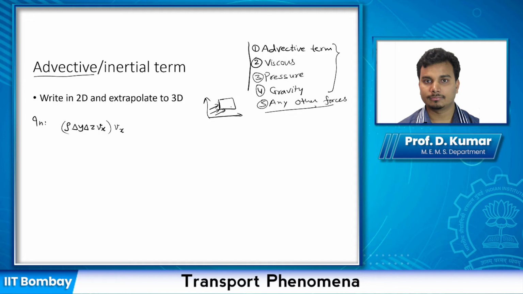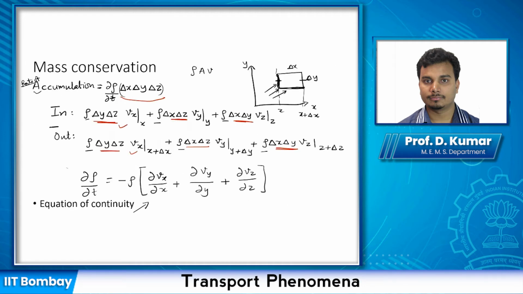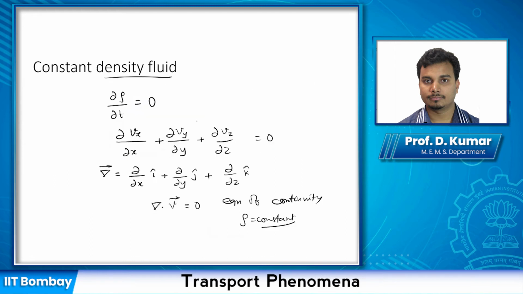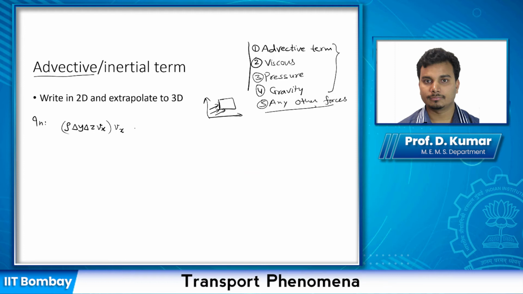Now if you look at this surface, the mass that is going in, what we discussed was rho delta x delta z times vy. So this will be rho delta x delta z times vy, and then we are just concerned about x momentum.